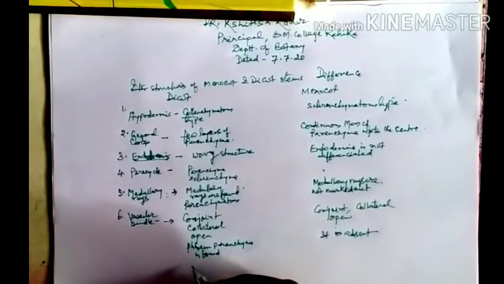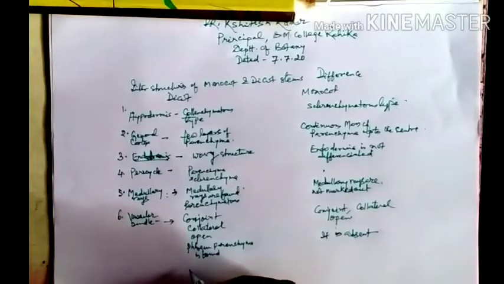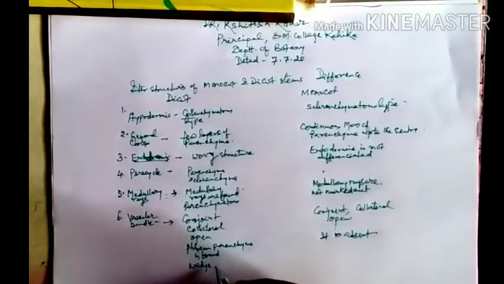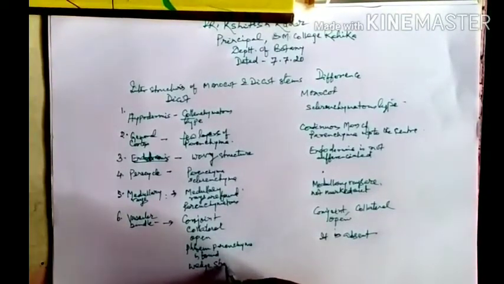The shape of vascular bundle in dicot stem is wedge shape, like this.